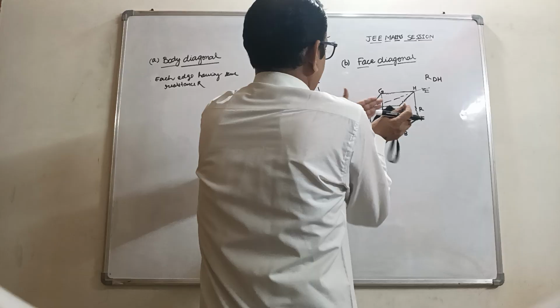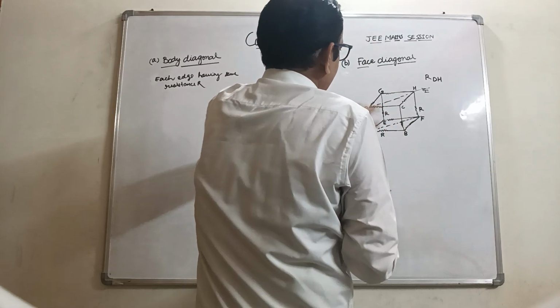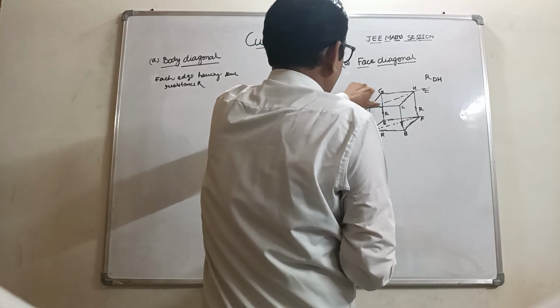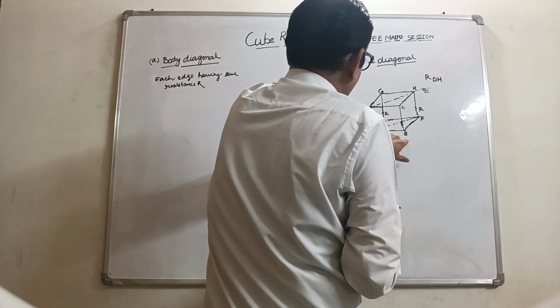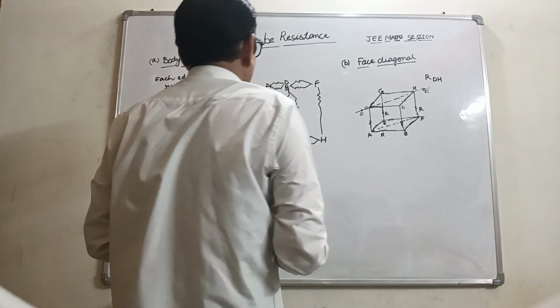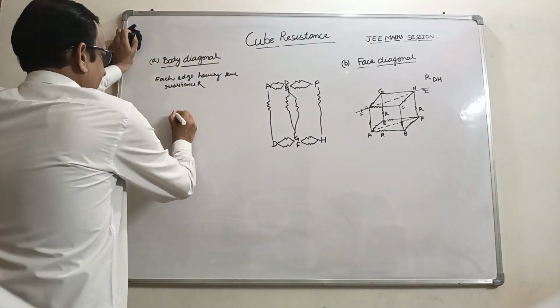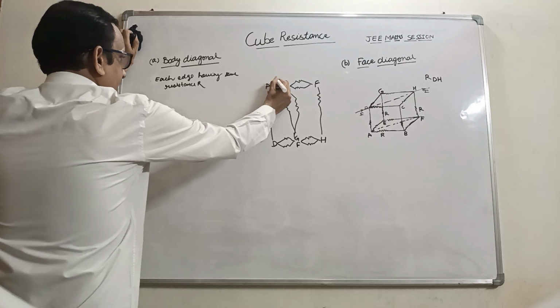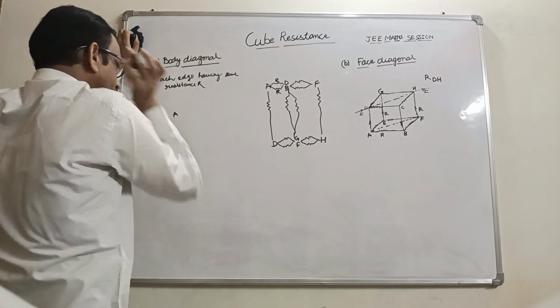When we cut it diagonally, G and F have the same potential, and this point also diagonally. So these points also have the same potential. So we find the equivalent resistance here. So this is point A. This is R, this is also R, and all resistors are equal.